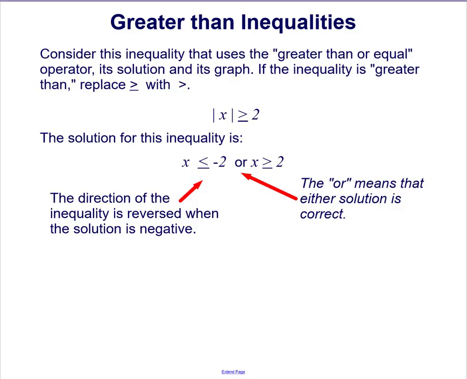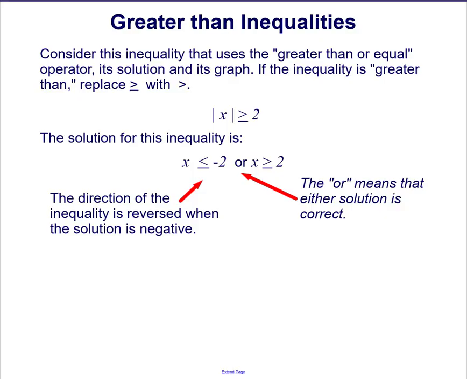The solution for this inequality is x is less than or equal to -2, or x is greater than or equal to +2. The direction of the inequality is reversed when the solution is negative. So notice it started out greater than, but for the negative solution, we're using less than.